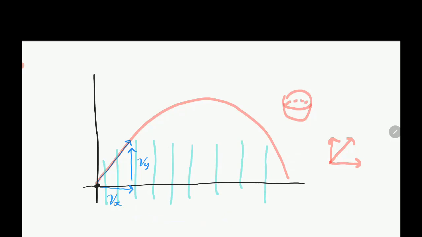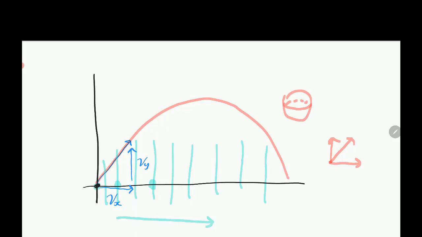Maybe at time 0, you detect that the ball's here, and then at time 1, the ball's here, and then at time 2, the ball's here, and so on. In that way, you would just be looking at this system along the x-axis, so you would only be concentrating on the horizontal component of the ball's motion.